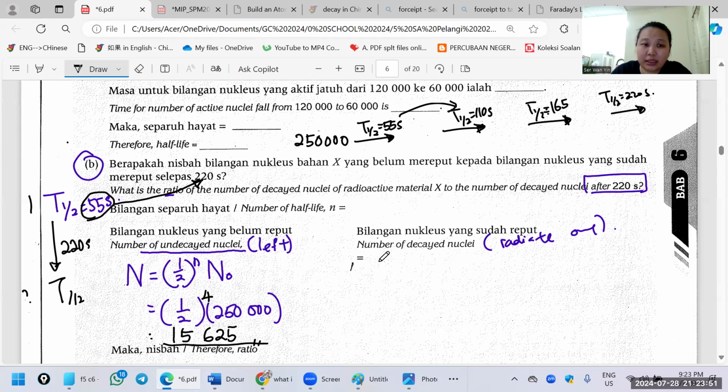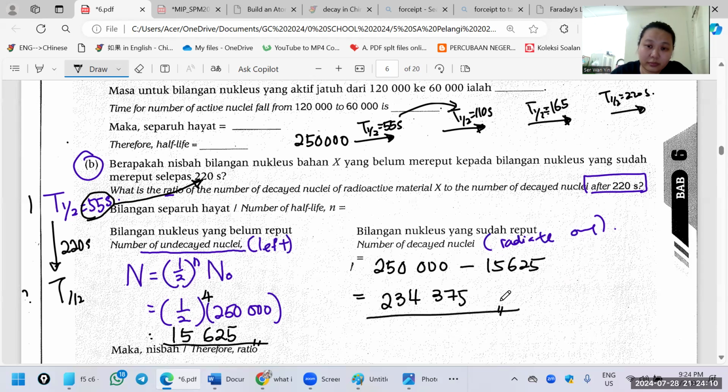Means the decayed one is original minus 15625 equals to 234375 nuclei. Decayed nuclei. Decayed means out already. This one's still in.